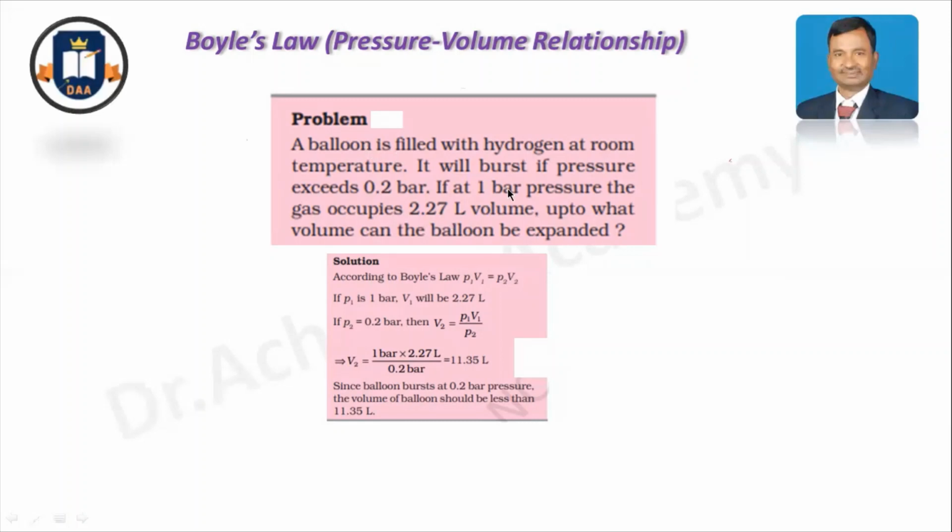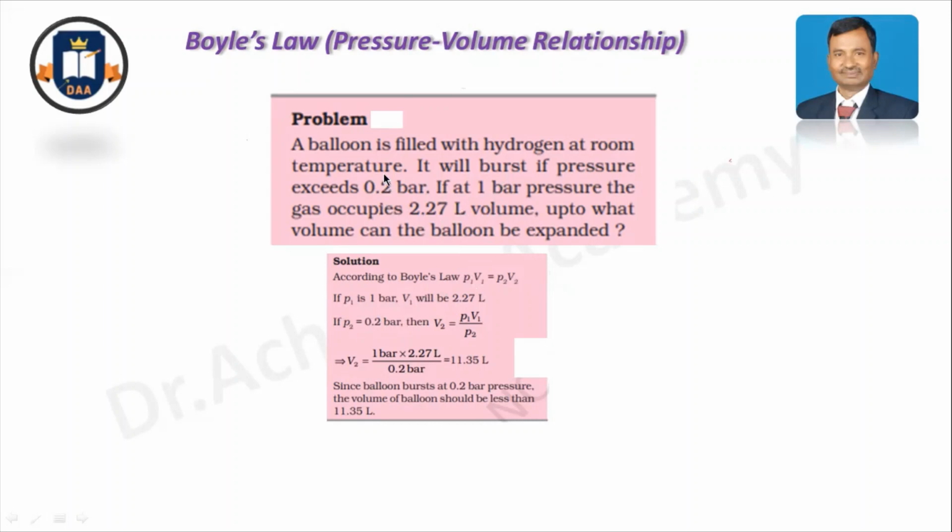If we consider P1 by P2 is equal to V2 by V1, in this equation we have three numbers. If we get three numbers, then the fourth number we usually get by simple mathematical calculation. So P1 V1 is equal to P2 V2. P1 is equal to 1 bar, and in that case V1 is 2.27 liter.